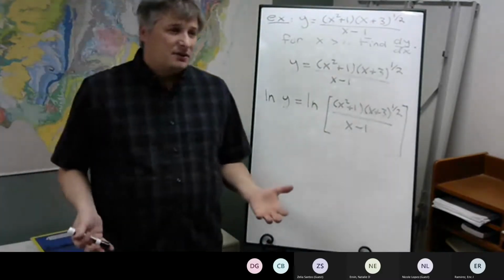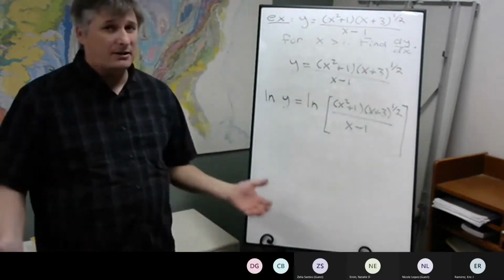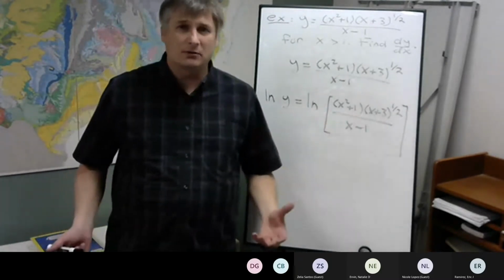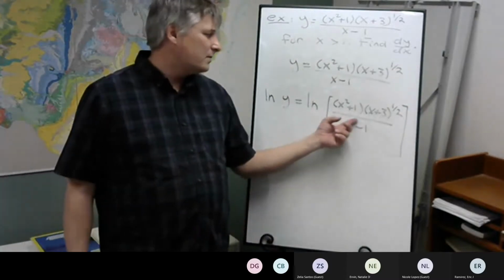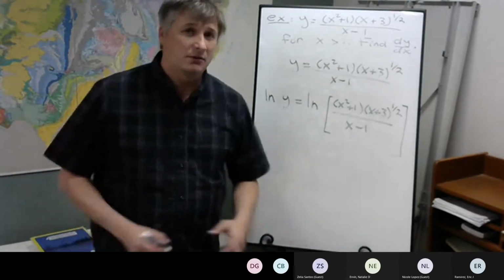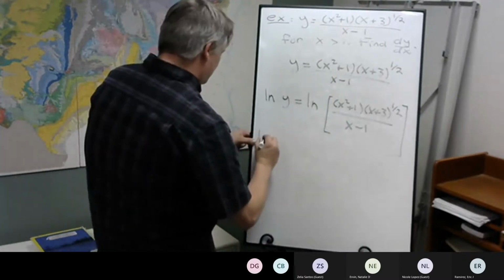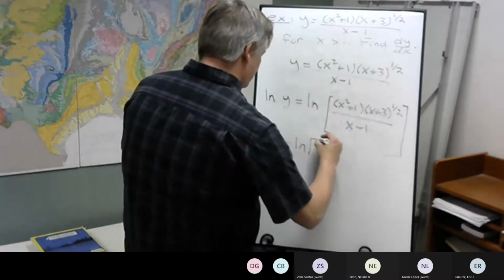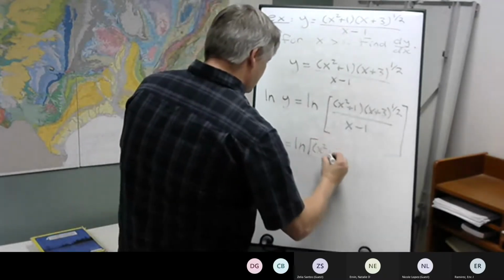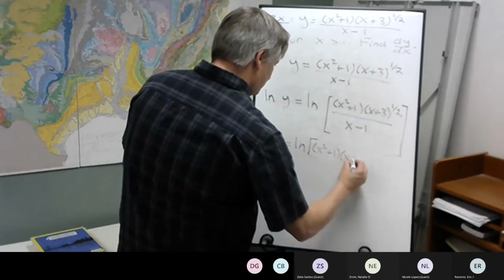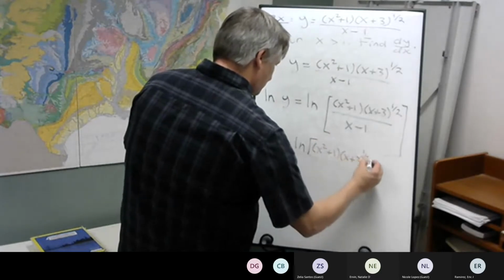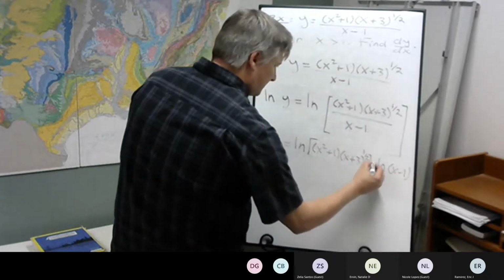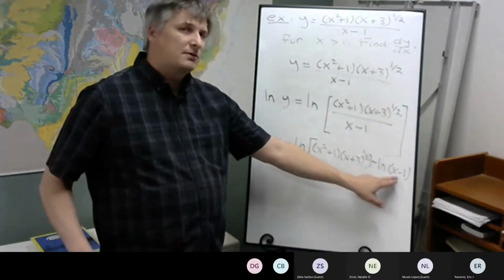Now, it's been a little bit since we've looked at this, so we want to think back to our logarithm properties. The logarithm of a product will be the sum of logarithms. The logarithm of a quotient is going to be the difference of logarithms. So we're going to get this. And this is where, again, we need to make sure this is going to be positive.